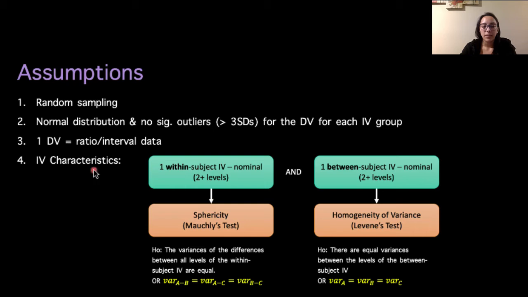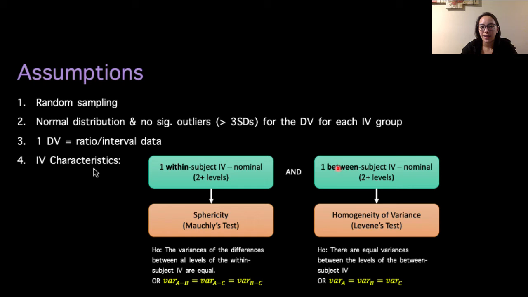And then for our independent variable characteristics, we are going to have different assumptions that match with each of our independent variables. So when we did our independent ANOVAs, similar with independent t-tests, whenever we have a between subject variable that we are looking at cause and effect for, we have to look at homogeneity of variance.